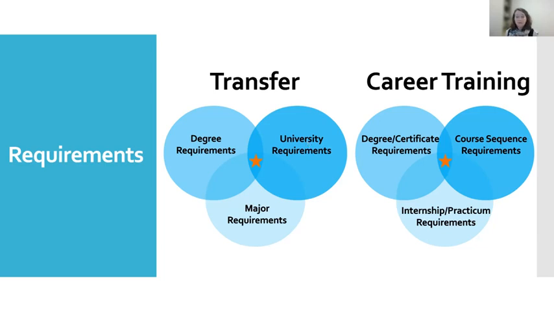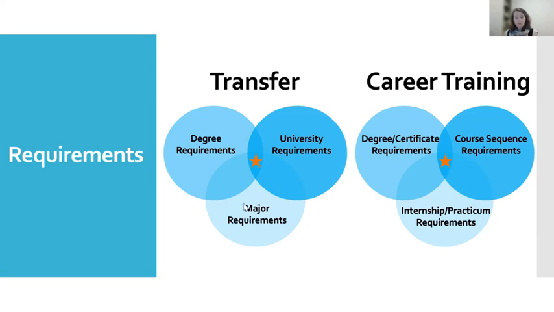For example, are there specific admission requirements that you need to fulfill? This might be for the University of Washington, making sure that you've met minimum requirements for studying foreign language or math requirements. And then a third thing to think about is the major requirements that you need to fulfill to begin the major when you get to the university.